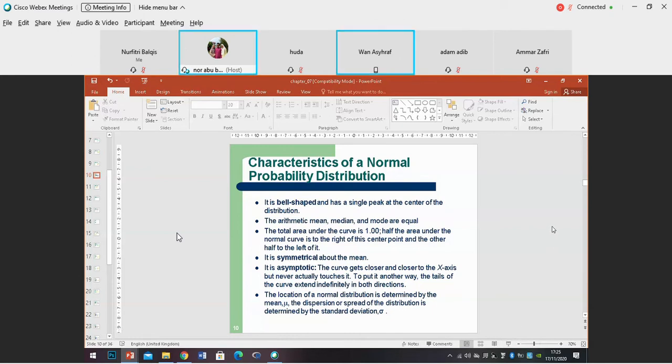Ashraf, saya memang tak faham awak cakap macam orang planet Pluto. Okay, mungkin awak boleh chat. Probably your line is not that good ataupun my line is not good. Yeah, I know.